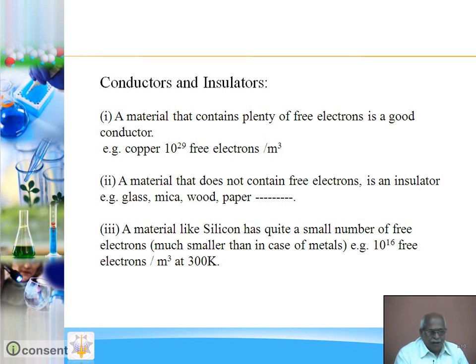When we come to study electric current electricity, we have to talk of conductors and insulators. After all, what is electric current? Electric current is continuous motion of free electrons.